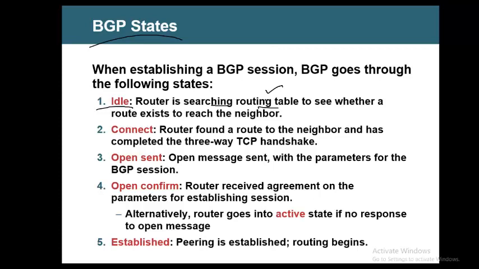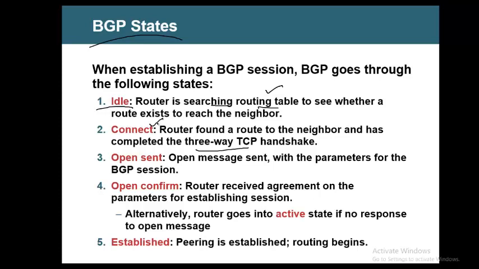Now, when the route is found in the routing table, for the three-way handshake, I remember I sniffed the packet and I showed you in the initial days. There was a three-way handshake. After that, only the open message was sent. And if both sides are configured properly, then the three-way handshake will be done. That makes connect state.